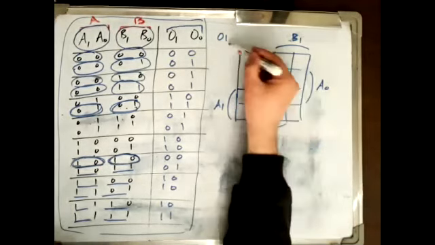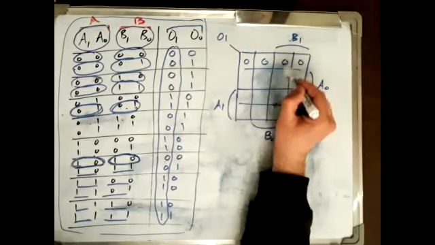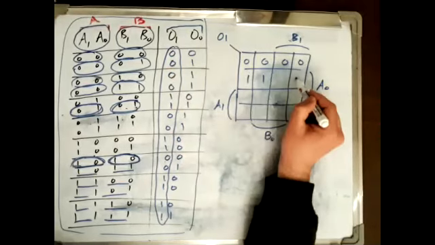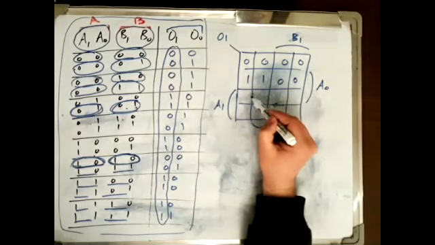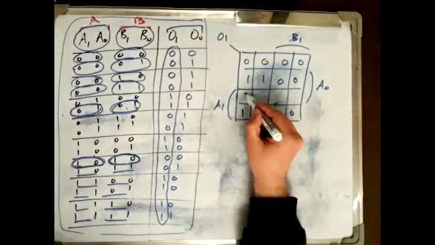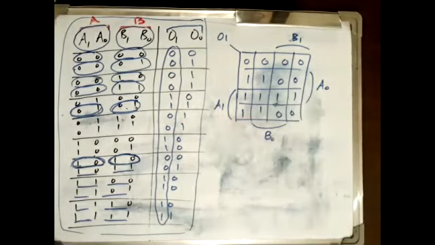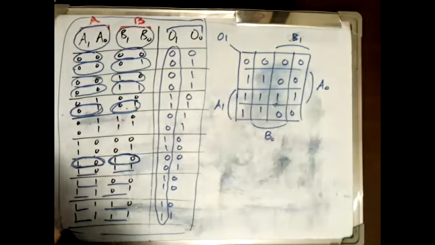This is output 1, so I'm taking this column. It is 0, 0, 0, 0, 1, 1, 0, 0, 1, 1, 0, 0, 1, 1, 1, 1. So this is the K-map.